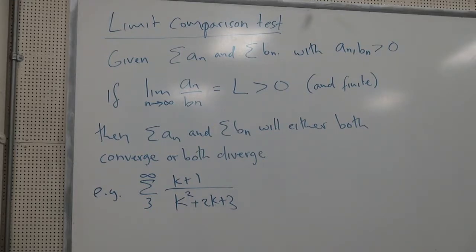But the limit is 0, so that doesn't work. What else could I do? Well, it's not a p-series. So what else can I do? I can try the integral test, and in this case, the integral test would actually work.